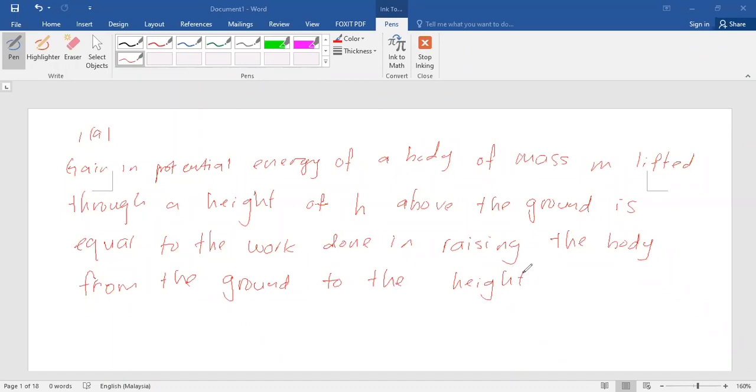So the work done will be equal to the gain in the potential energy.